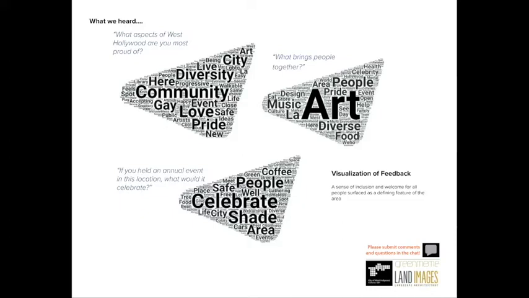What aspects of West Hollywood are you proud of? Diversity, community, pride, city. That was the kind of responses we got. The things that bring people together: art, music, people, food. So this gives general feedback about the feelings that we got.